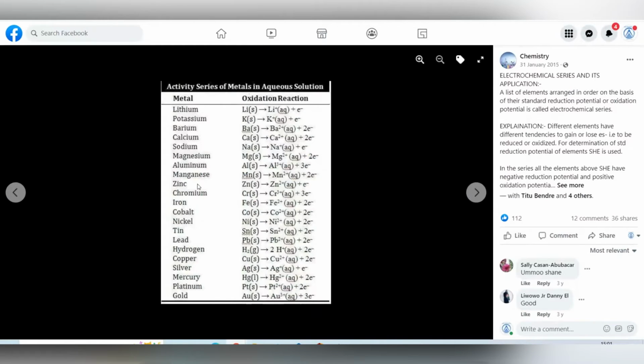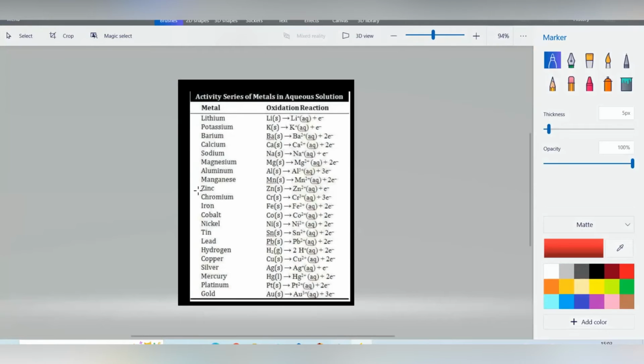If you observe carefully, this zinc is above hydrogen. See, where is hydrogen? It is 1, 2, 3, 4, 5, 6, six below this.